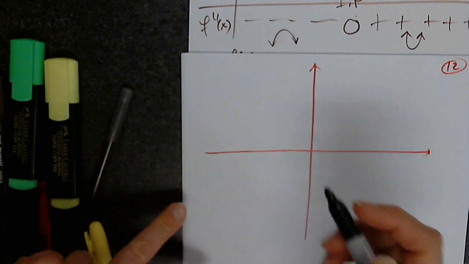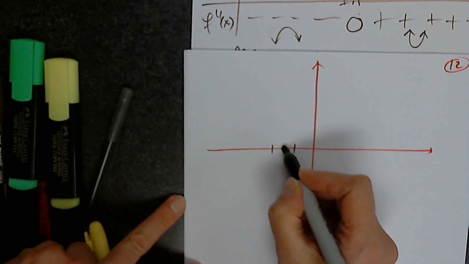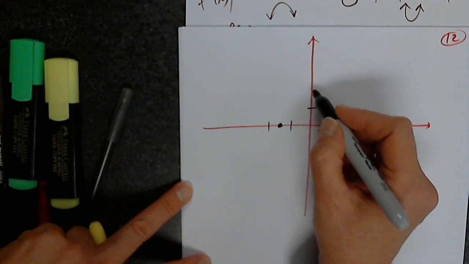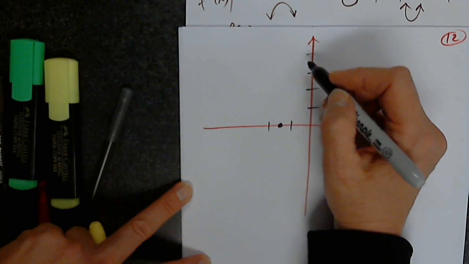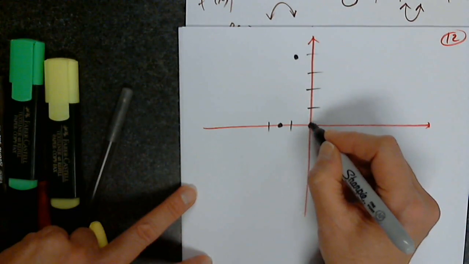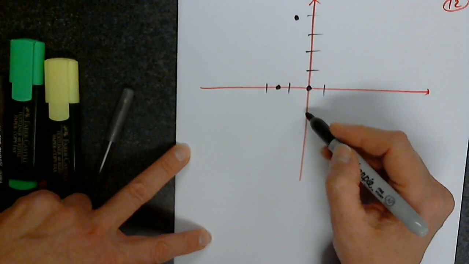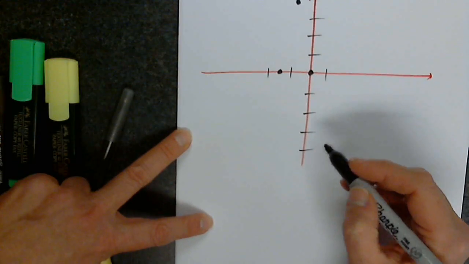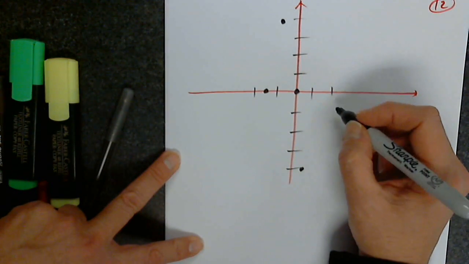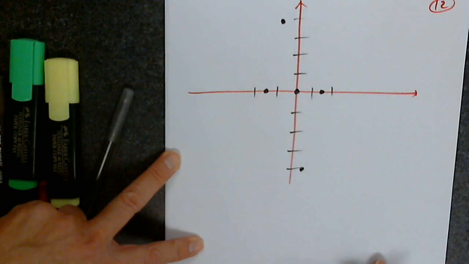Negative 1.5, 0. Negative 1, comma 4. Zero, comma 0. 1, comma negative 4. And 1.5, comma 0. Ready?